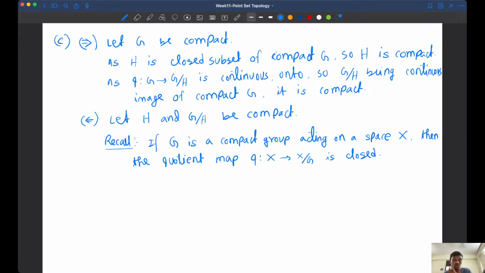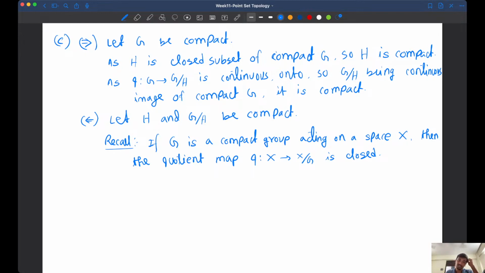The inverse image of each point being compact is actually not needed for normality, but closedness is the main thing. So in the second part we just proved that this map is closed, and also onto, and continuous is clear, so that implies X normal gives X mod G normal. So there we actually proved this map is closed.